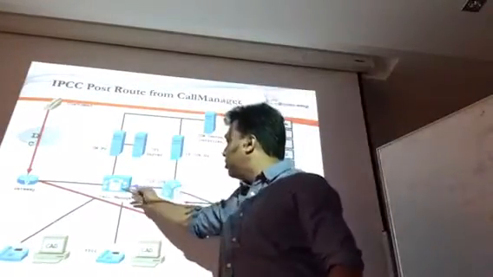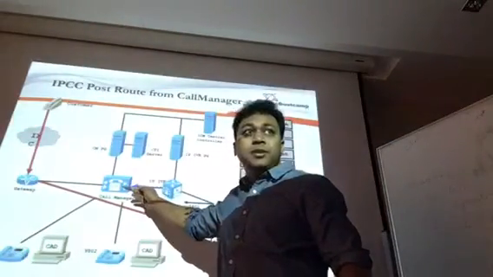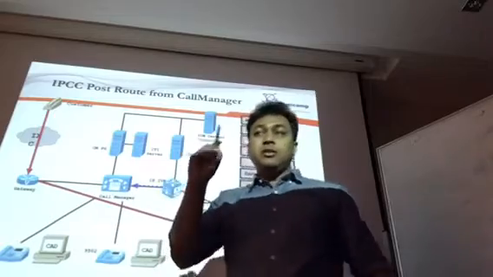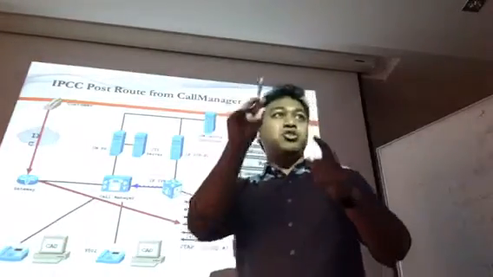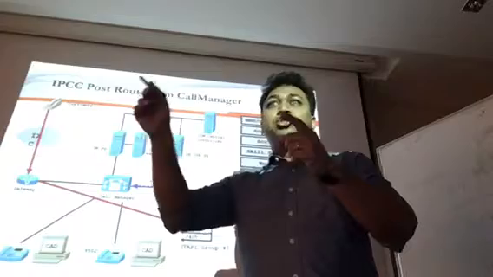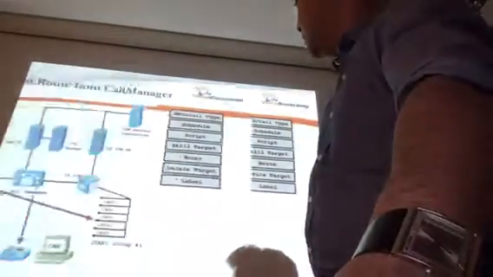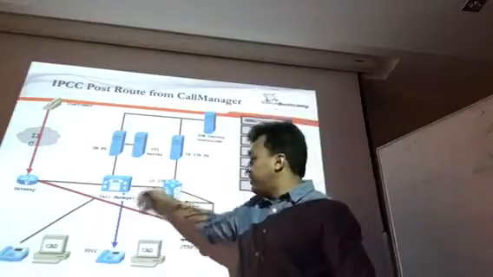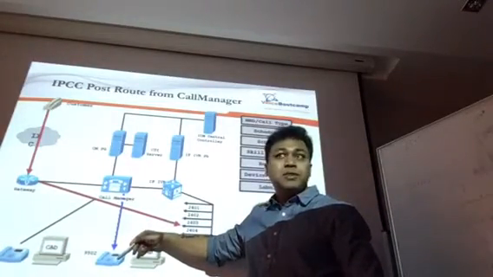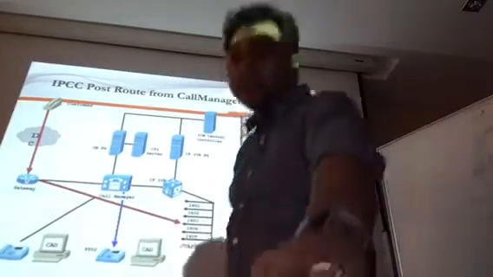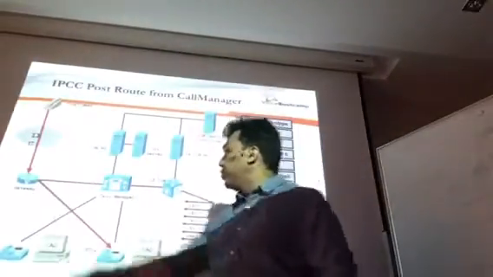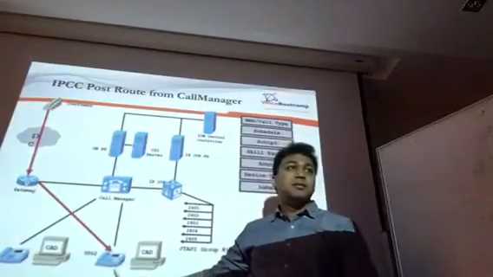IP-IVR sends the call back to the call manager, telling the call manager that you need to transfer this call to extension 2001. Okay? Call manager sends a signal to the extension of the agent, and then gateway contacts the agent.